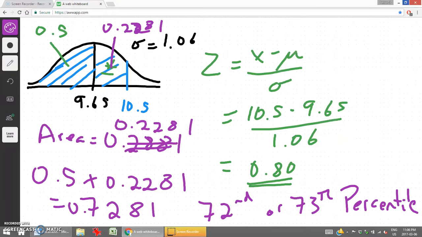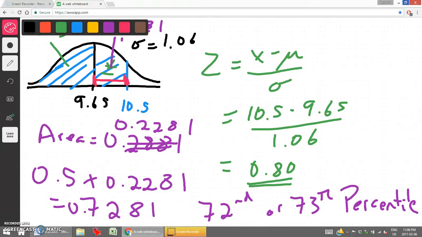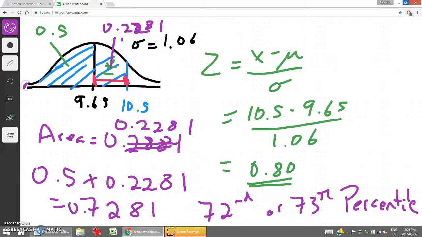So that is the connection between normal distribution and percentiles. Remembering that in the normal distribution charts we are working with, the area we get from those tables is always from the middle to that X value, whereas percentiles are always going to be starting way down here and including all the area up into that certain value we're looking for.